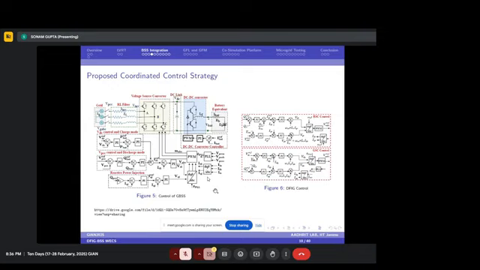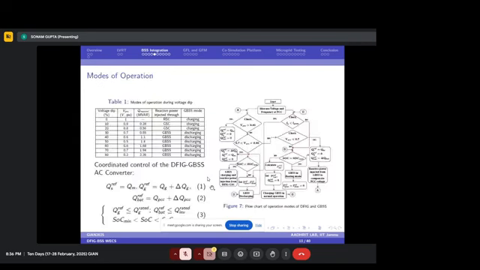But in case of severe faults, the battery will come into action. Initially it is working in a normal mode, like charging or discharging mode, depending upon the load or the present scenario. But in case of a change in the voltage, it will automatically start supplying reactive power and contribute to the voltage improvement at the point of common coupling during the faults.